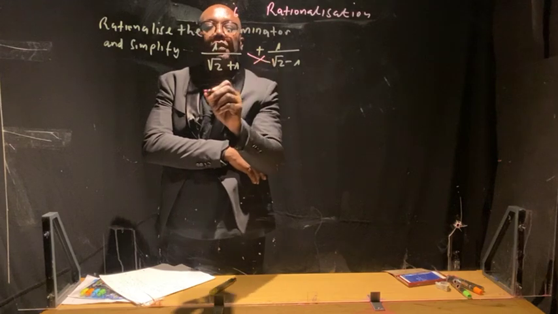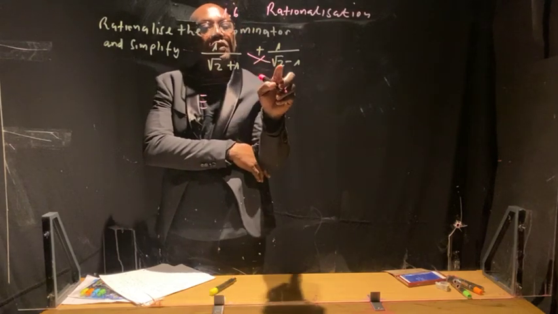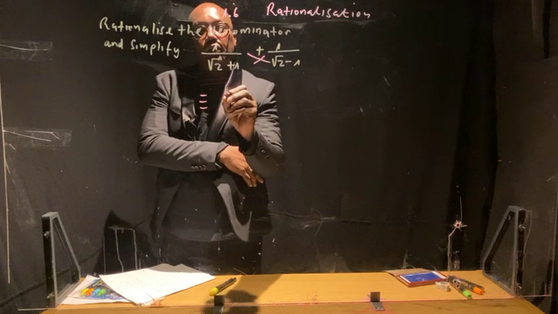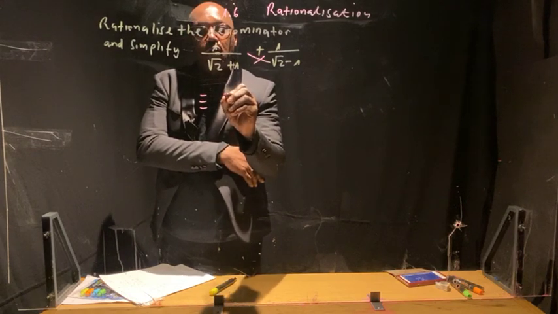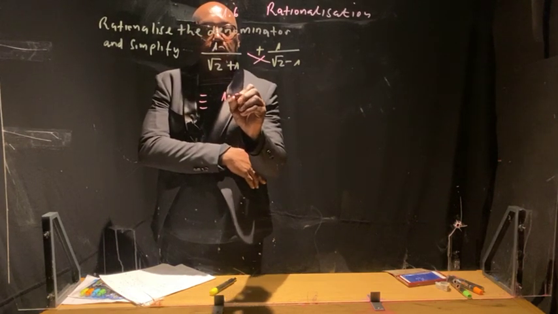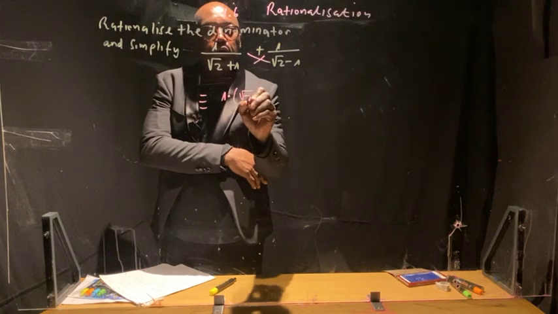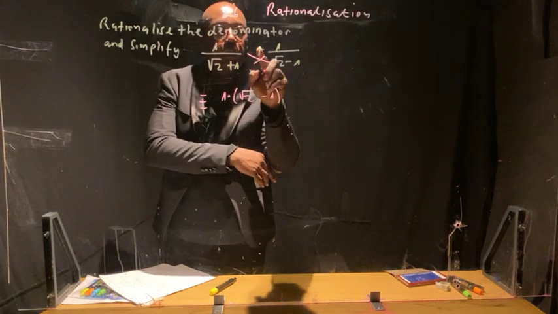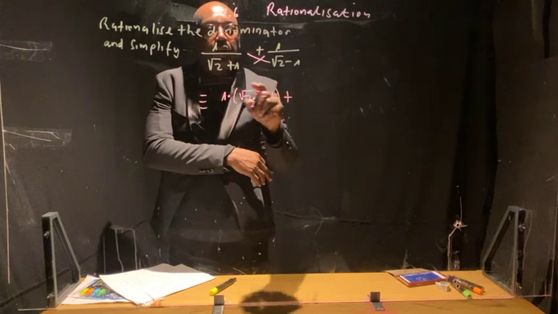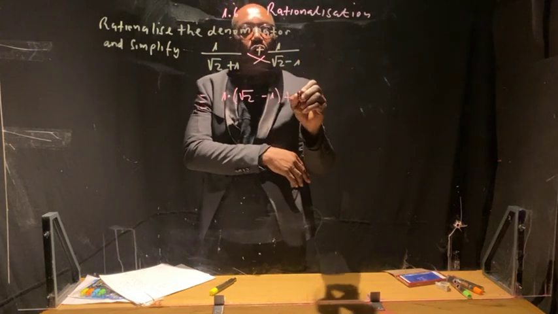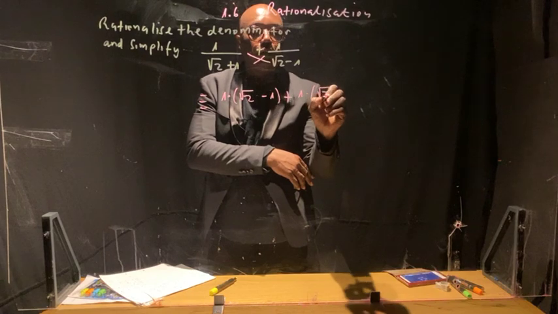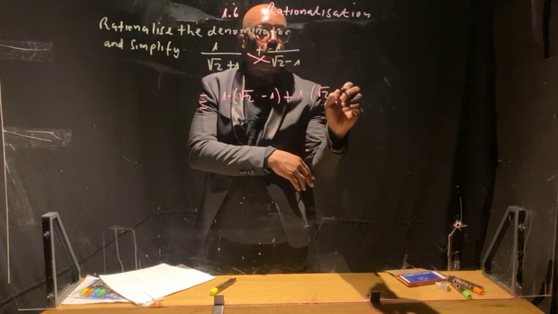So it becomes 1 times root 2 minus 1, then the plus over there, and this one comes here to multiply to the 1, so it becomes 1 times root 2 plus 1.